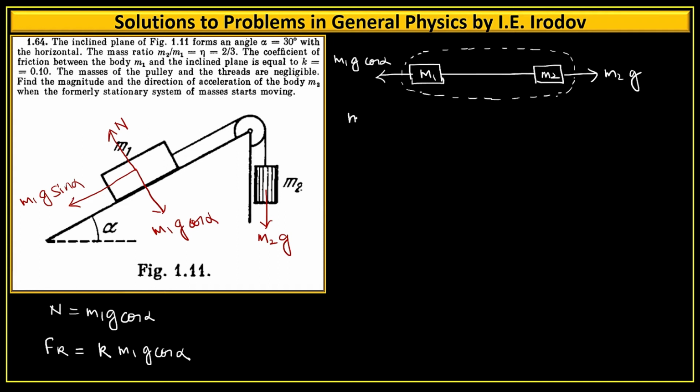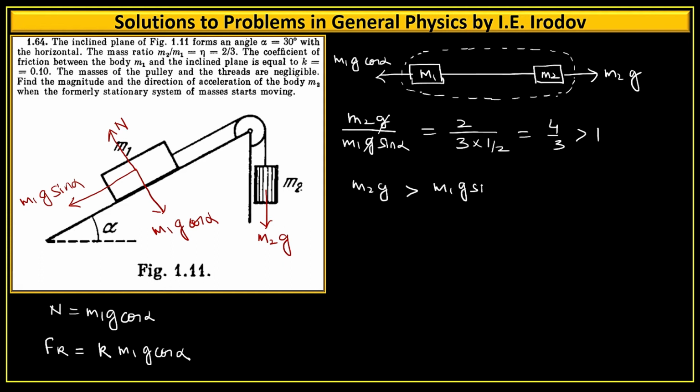So let me calculate m2g divided by m1g sine alpha, and g gets cancelled. m2 by m1 is given in the question, eta, that is 2 by 3, and sine alpha is sine 30, that is 1 by 2. So this is 4 by 3, which is greater than 1. So it means that m2g is greater than m1g sine alpha.